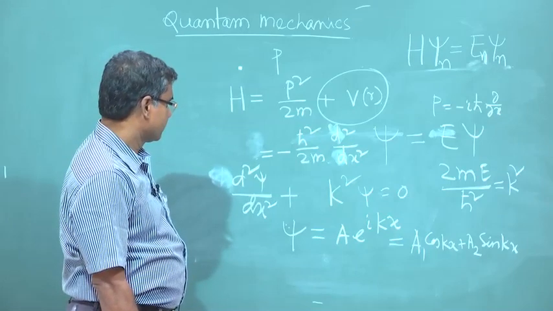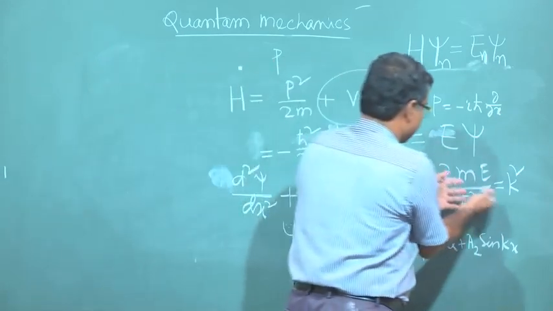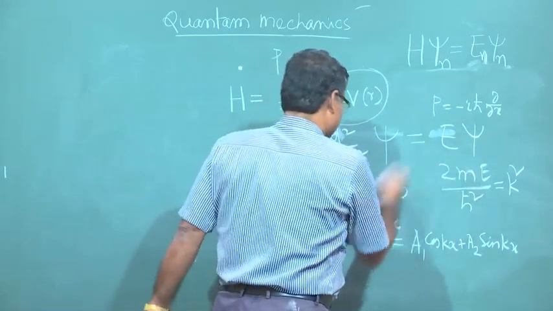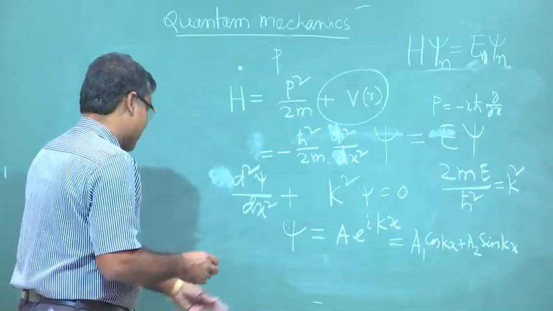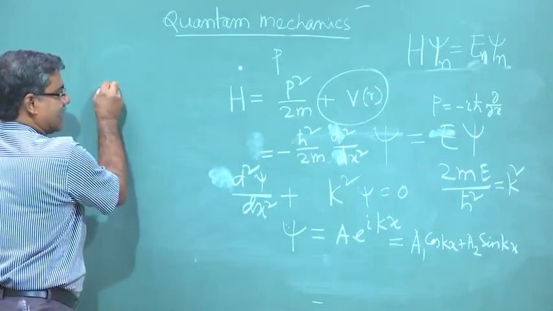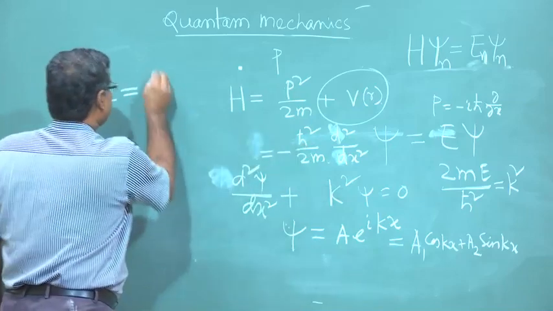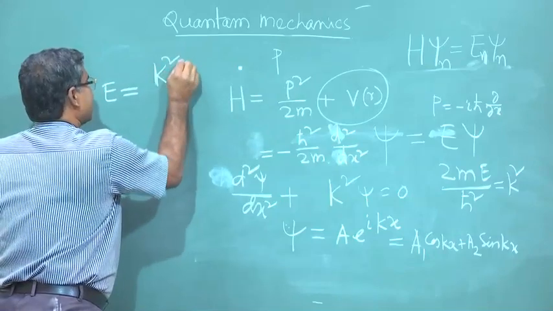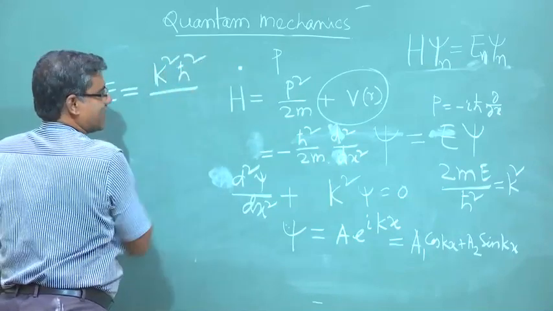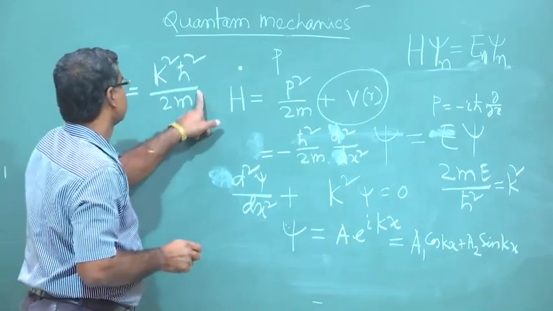So from here I have written, it is interesting to tell that E equal to, from there I can write k square h cross square by 2m, okay.